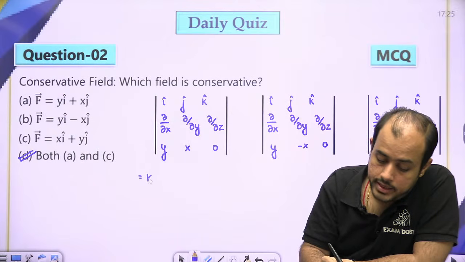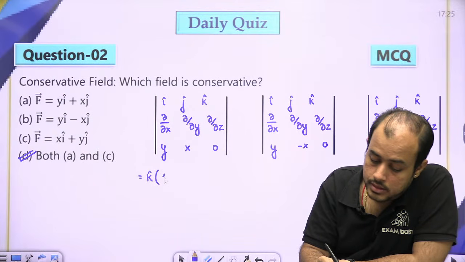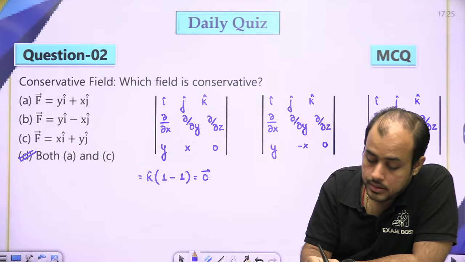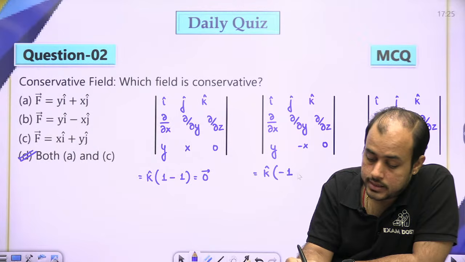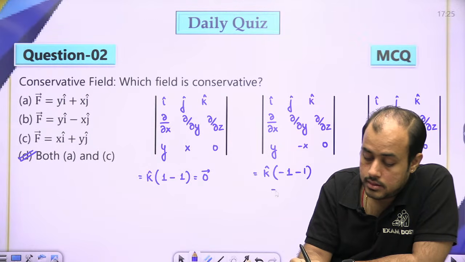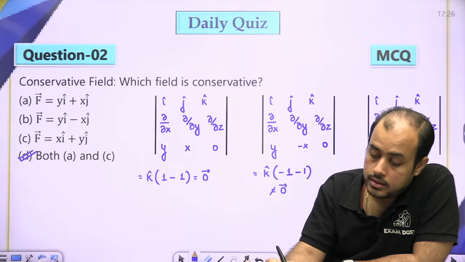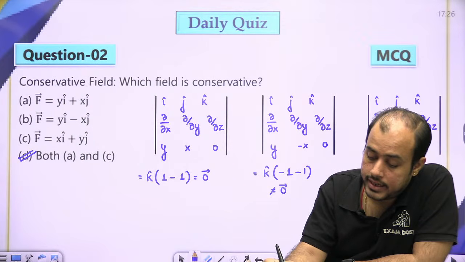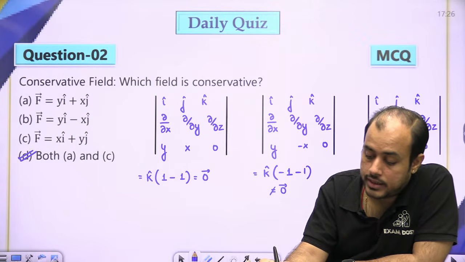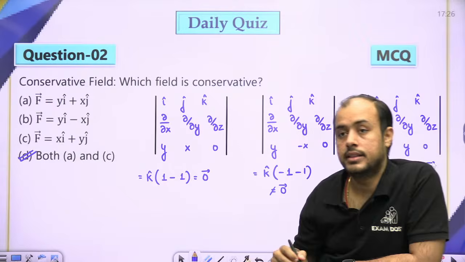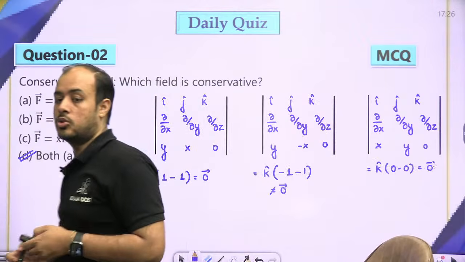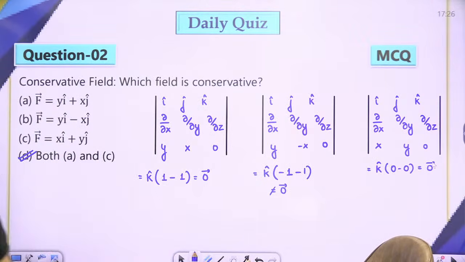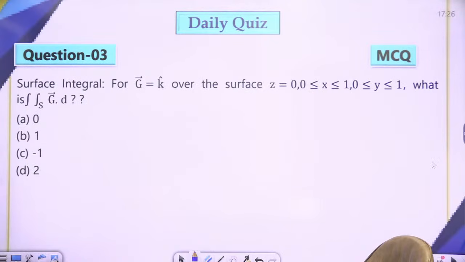So this will be k cap del by del x of x minus del by del y of 1. This will be k cap del by del x of minus x, that is minus 1. This will be del by del x of y, that is 0, del by del y of x. So answer is D. ठीक है, दोनों ही केसेस में A और C में 0 आएगा यानी नल वेक्टर आएगा.